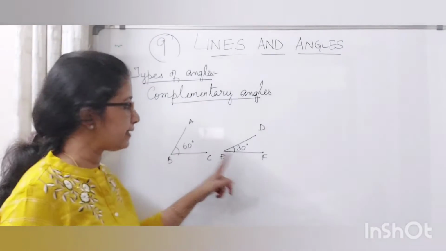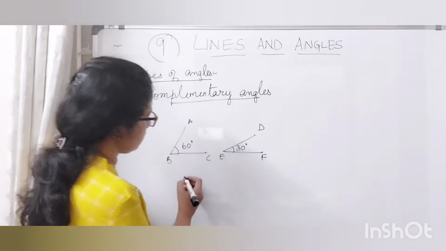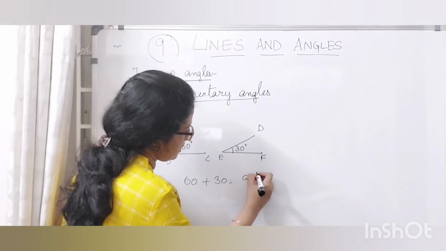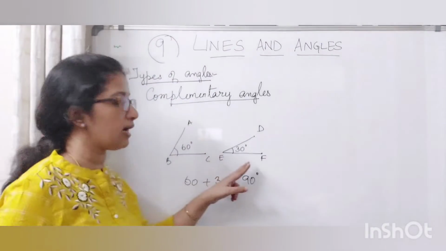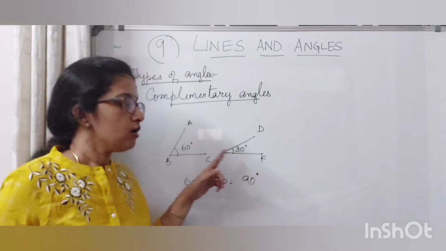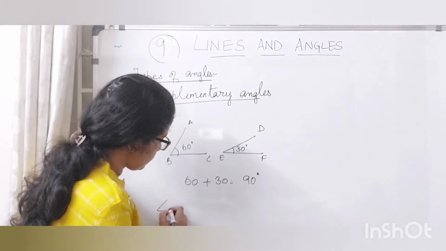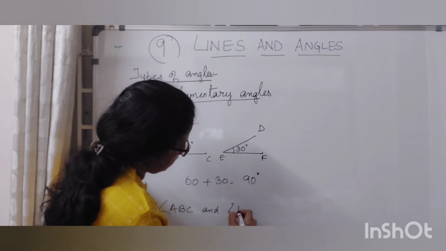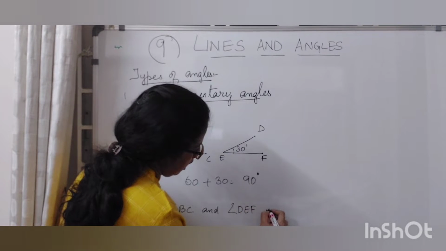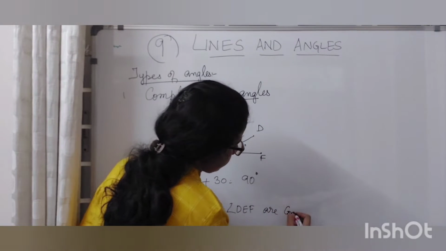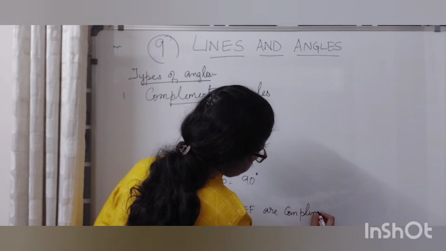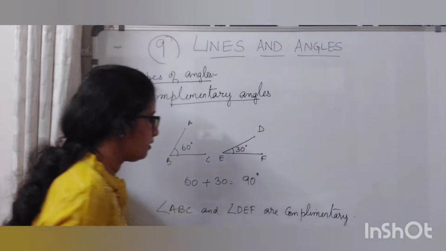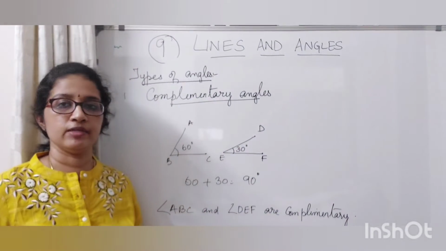So if you add these two measurements, what is the total? 60 plus 30 is equal to 90 degrees. So here the sum of two angles is equal to 90 degrees. So we call angle ABC and angle DEF complementary. So these two angles are complementary angles.